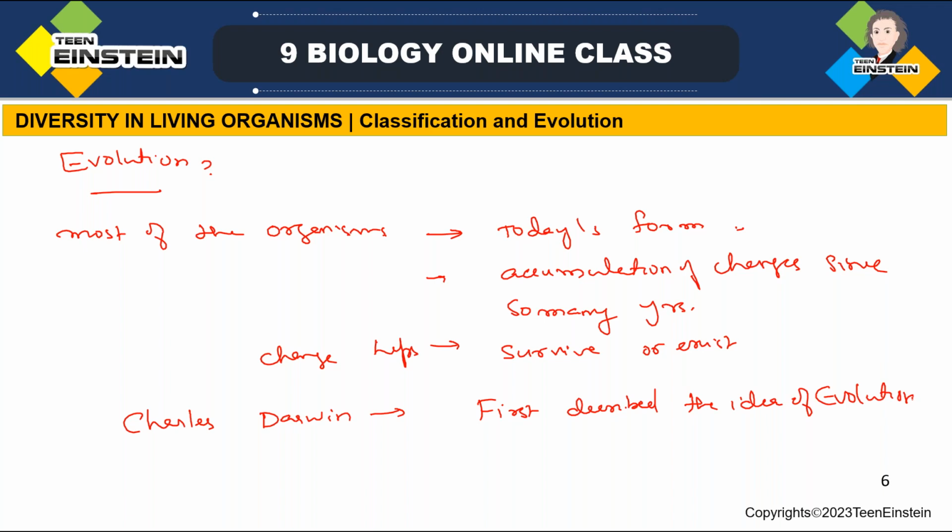In 1859, he explained this in the book Origin of Species. In that book, he mentioned the role of evolution in classification.